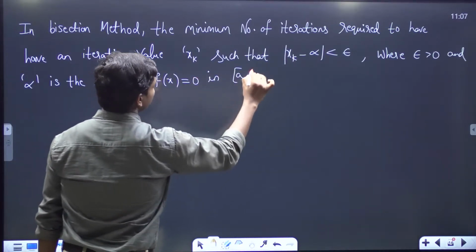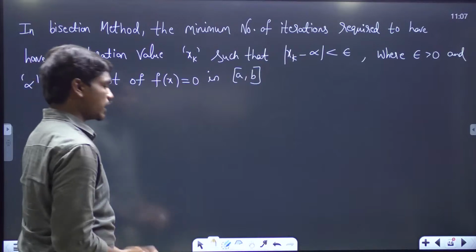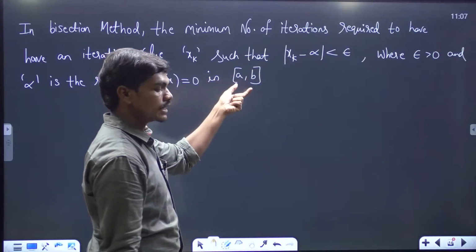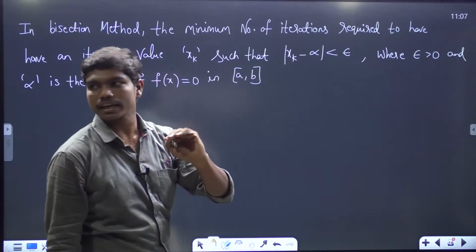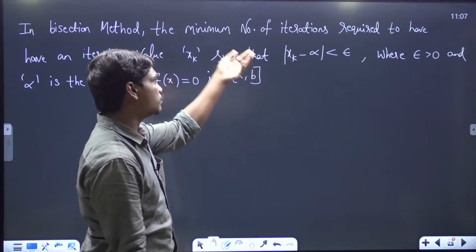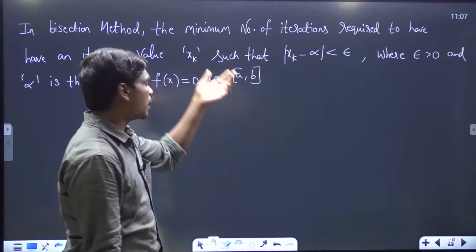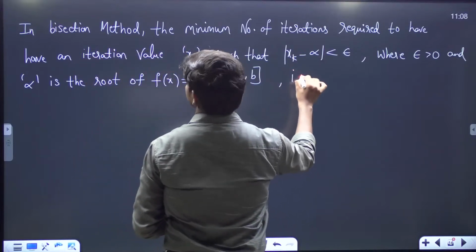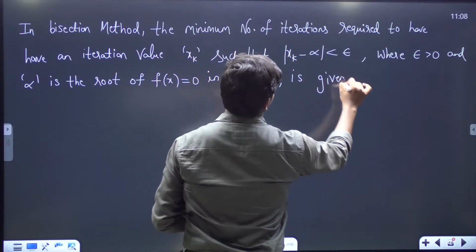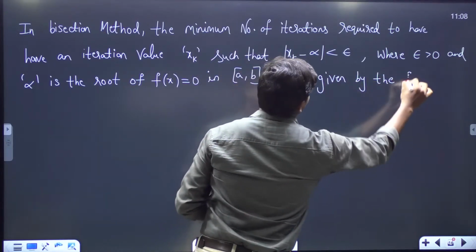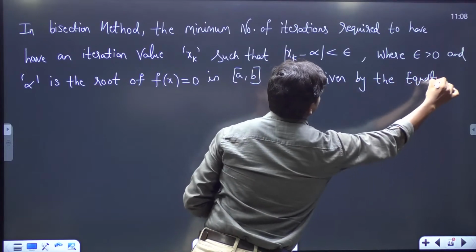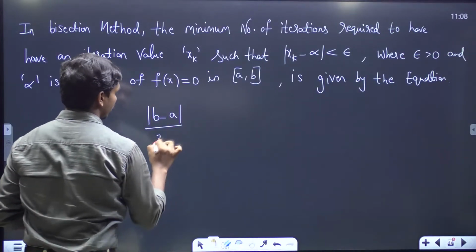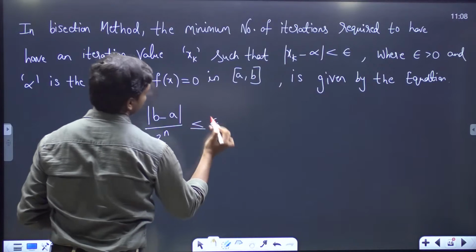Because if you want to apply bisection method, you need to have an interval. We have seen in yesterday's class. So x is equal to alpha is the actual root of this equation f of x is equal to 0 in this interval, and this xk is the iteration value that you obtain by performing a few iterations. The bisection method formula is given by the equation modulus of b minus a by 2 power n is less than or equal to epsilon.